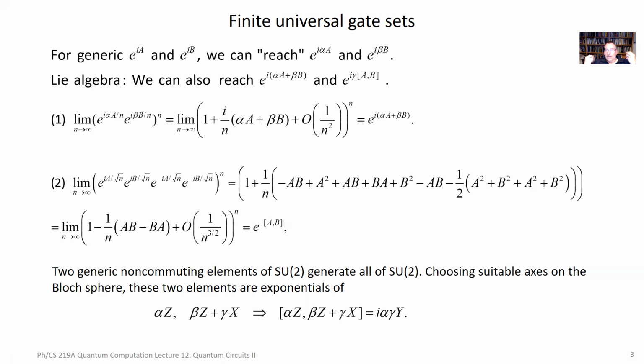And a general unitary in SU2 can be written as the exponential of a linear combination of x, y, and z, because a general Hermitian operator can be written as a linear combination of x, y, and z. So from our property of closure under taking linear combinations and closure under multiplication, we see we can get as close as we want to any unitary. We have density in the single qubit unitary group, SU2.